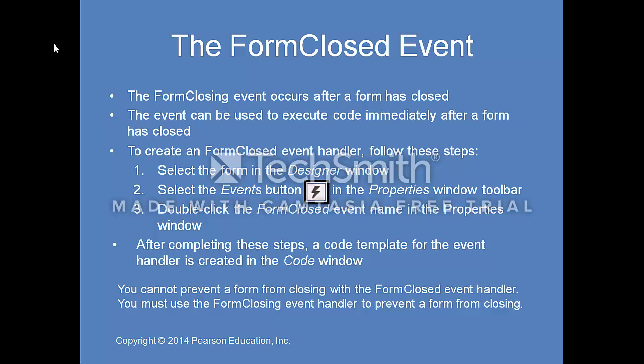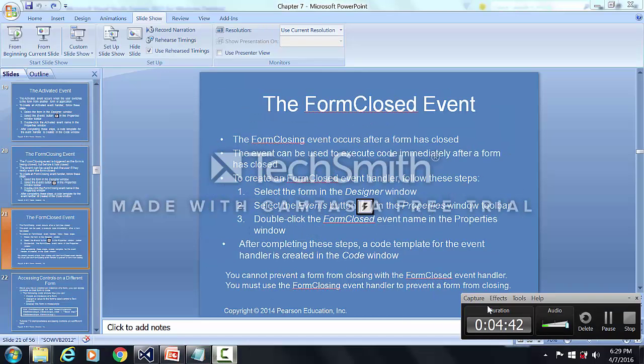For example, you would like to set some variable for the parent window, or you would like to close some resources which are outside of your program, such as a database and so on and so forth. In those cases, you could use it.